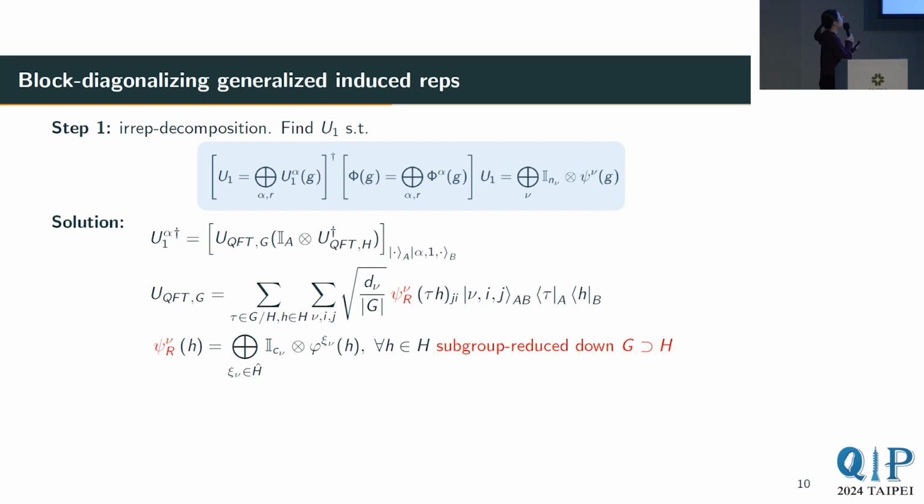And we found that U1 alpha is equivalent to an inverse Fourier transform of the subgroup H, followed by a quantum Fourier transform of the group G, where this quantum Fourier transform of G is actually subgroup reduced down the tower of G to H, which means the psi nu R that appears in the formula is actually block diagonalized when we are restricting to the subgroup H of G and into irreps of H.